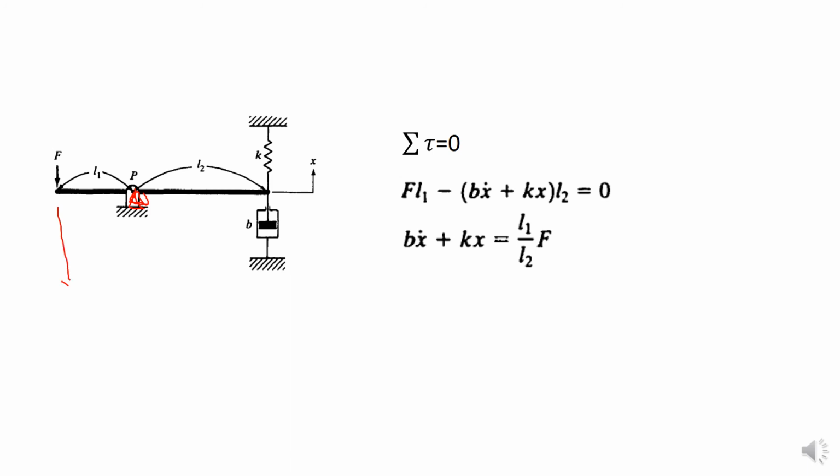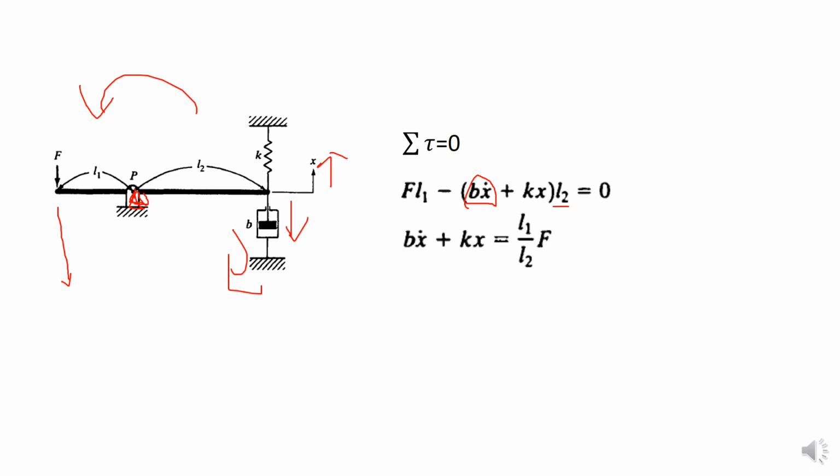It will be positive because of this rotation. And the damper term: if we have a displacement along here, the damper term will generate a force going in this direction. So it will generate a negative torque, B x dot multiplied by L2.